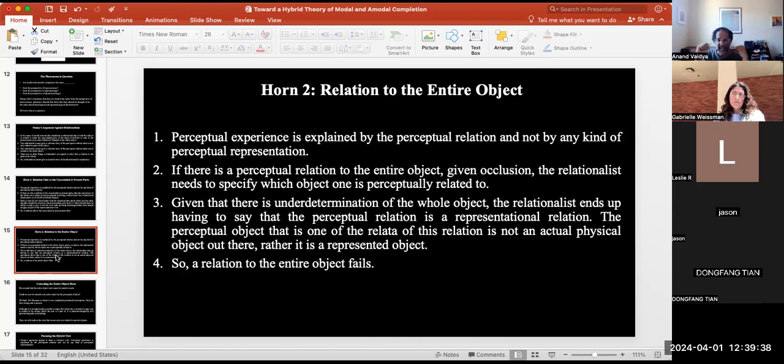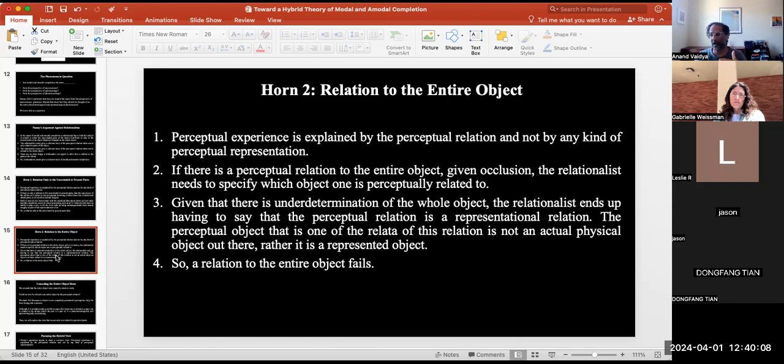And so if you claim that the way in which you're related to the whole cat involves anything other than a relationship to the whole cat, you end up being some form of a representationalist again. So in trying to say you're related to the whole cat, you face an underdetermination problem of what the whole cat is based on what you actually see. So given what you actually see isn't the whole cat, what is the whole cat that you're related to, such that you could be related to it?